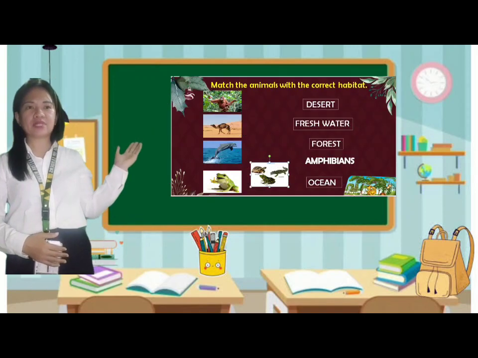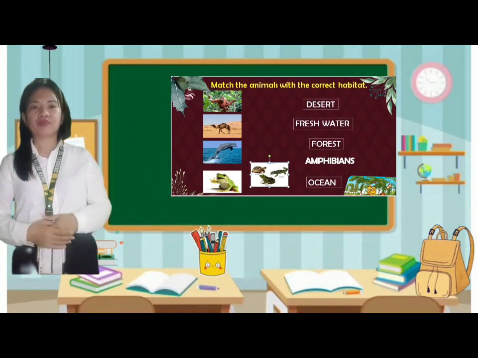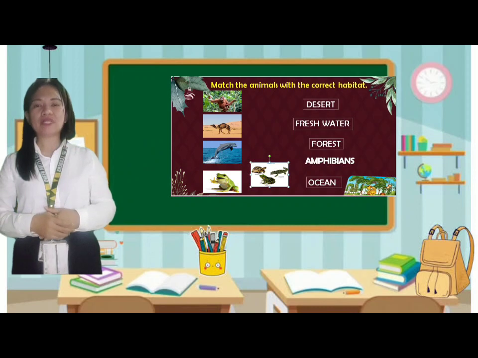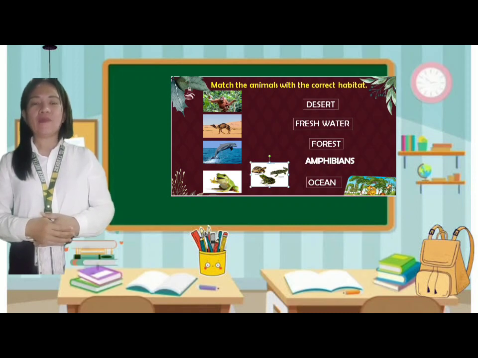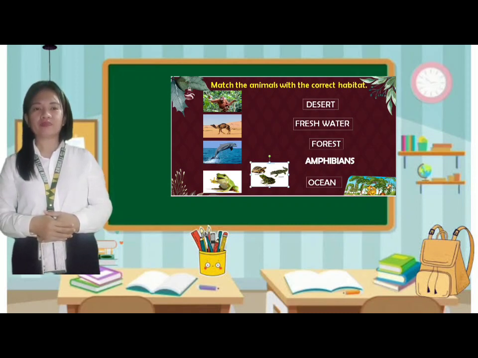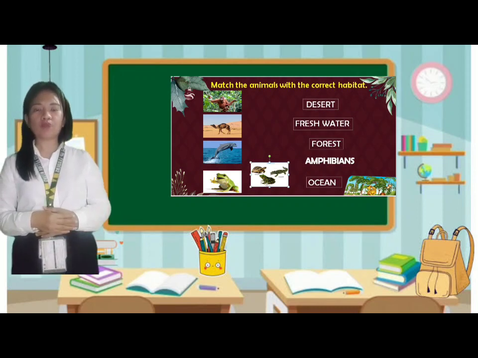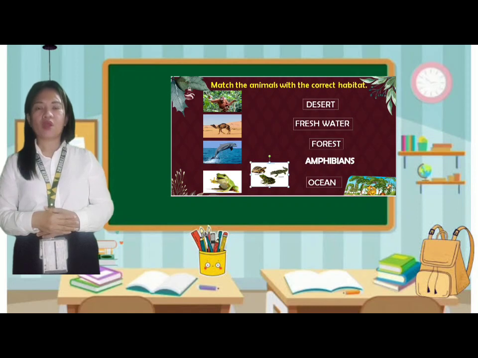Another activity. Match the animal with the correct habitat. Number 1. Monkey. What is the habitat of a monkey? Forest. Very good. Number 2. Camel. Desert. Correct. Number 3. What is the habitat of a dolphin? Ocean.